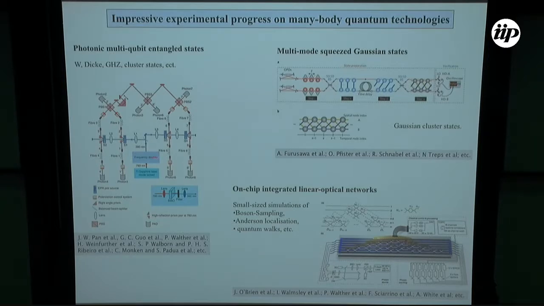Here we have experiments being run with linear optical tables with 6, 8, and up to 10 entangled photons. We have the Gaussian regime, where people already demonstrate entanglement in Gaussian states of thousands, tens of thousands of photons. And of course, we have this new technological trend of integrating linear optical tables into chips. And this is on the optical side.